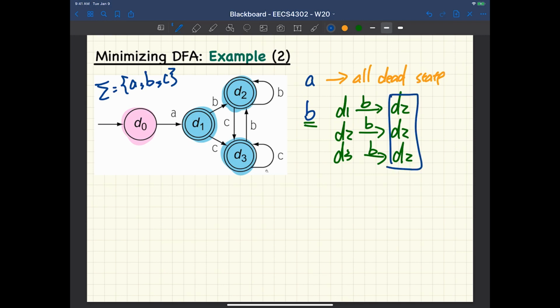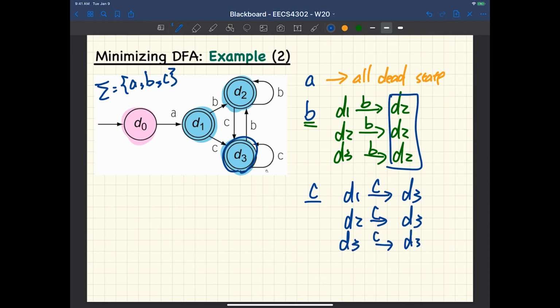What about C? For D1, by taking C, it goes to D3. For D2, if you take C, it goes to D3. For D3, taking C, also D3.